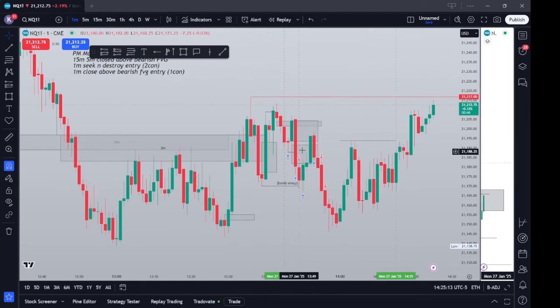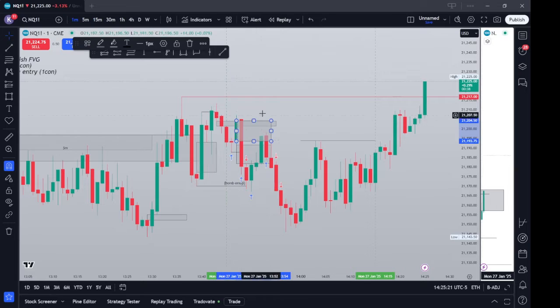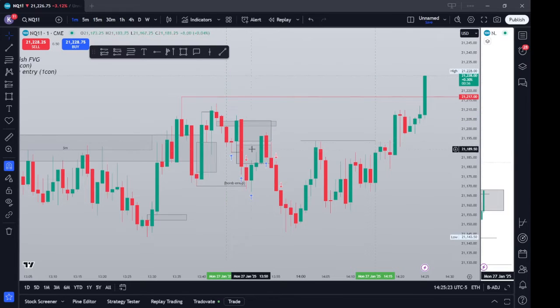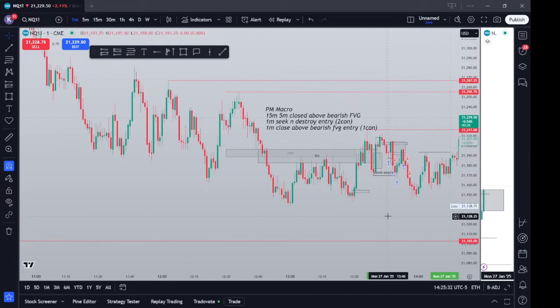Sometimes not. Like if I were to enter off of this close below this low, but price could still fill up into this gap, you know what I mean? Not the gap, but this order block, and the gap too. But stop loss is always at highs and lows. That's what I like to do. I don't understand how to do it any other way right now because it doesn't make sense.